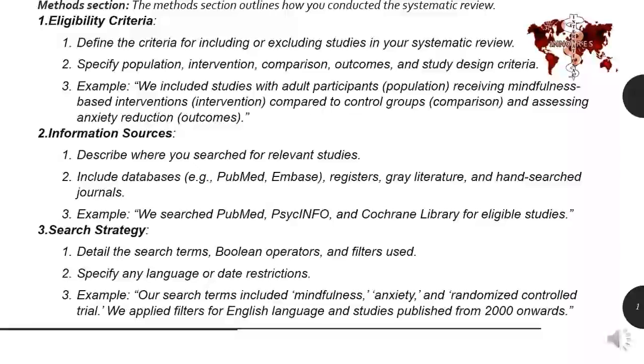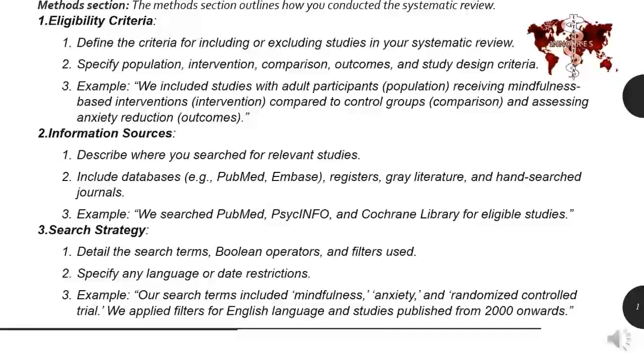So you want to clearly specify the population, the intervention, the comparison, the outcomes, and the study design criteria. That is also another framework that could be used to report your eligibility criteria, the PICOS framework.